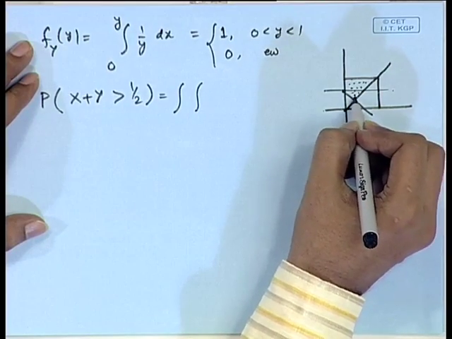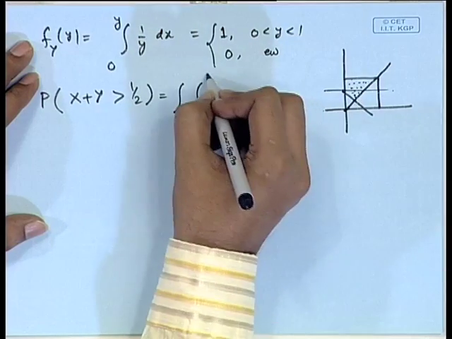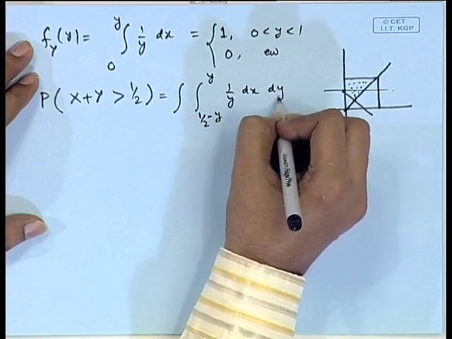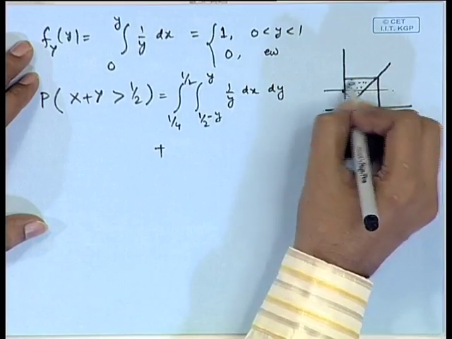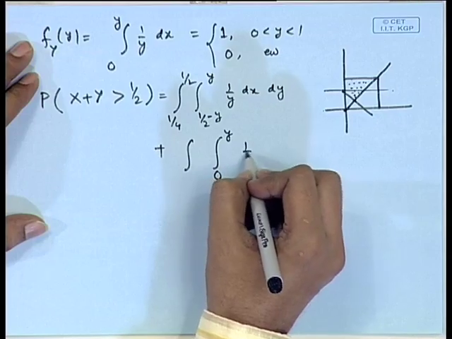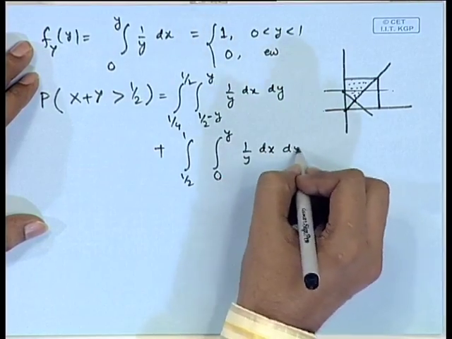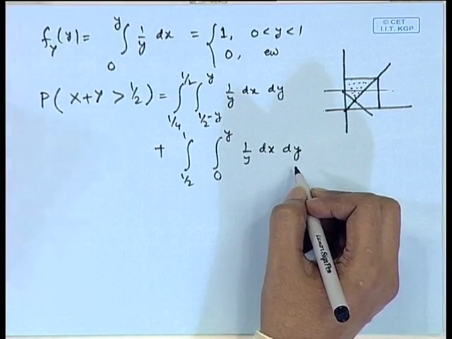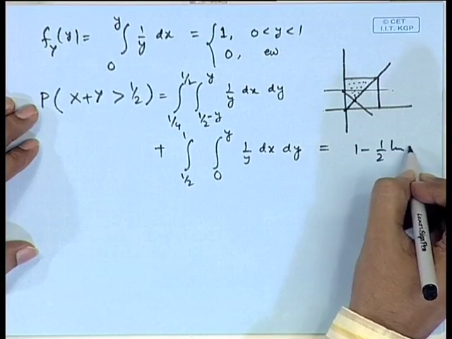Here x is from half minus y to y, and y is from 1 by 4 to half, plus in this portion x is from 0 to y and y is from half to 1. So, this can be evaluated, and the sum of the two integrals is 1 minus half log 2.